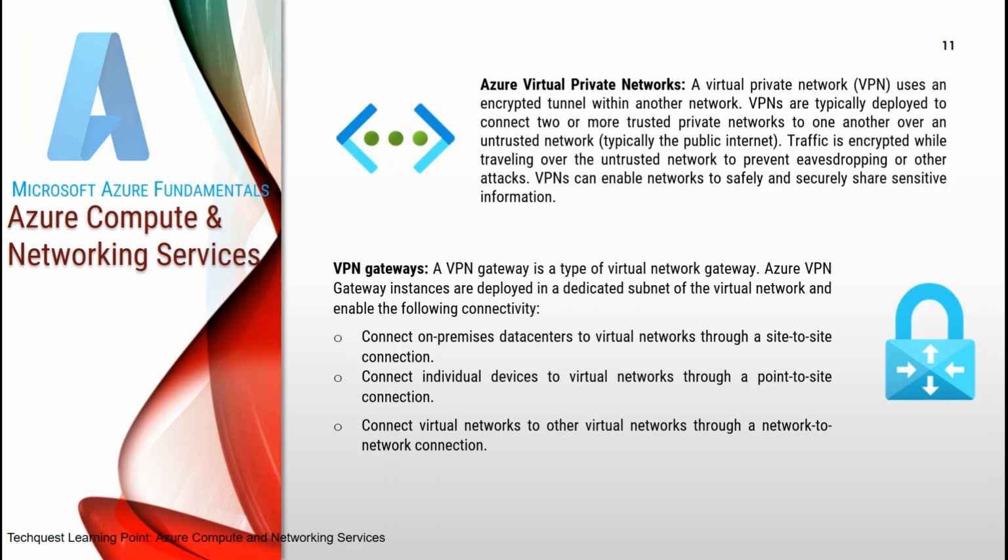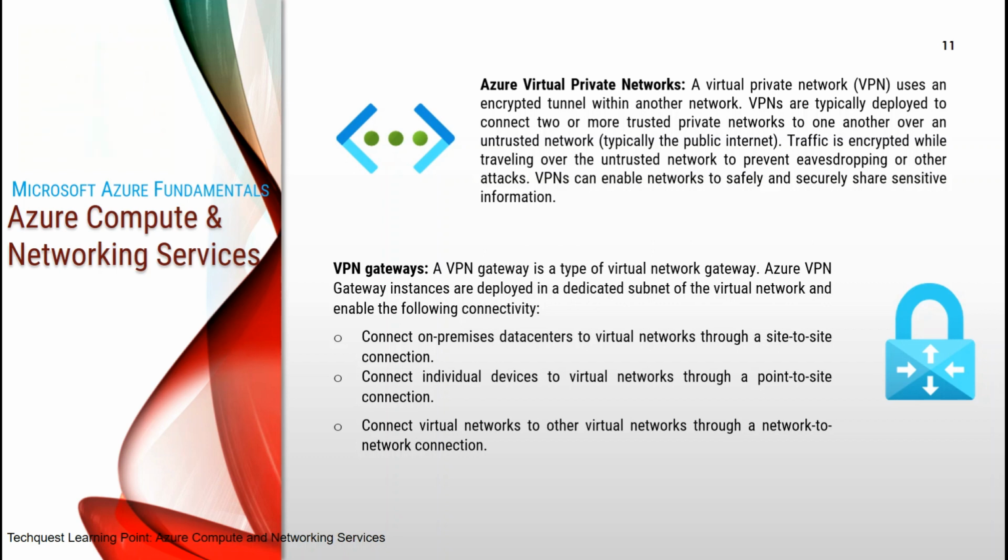Connect individual devices to virtual networks through a point-to-site connection. Connect virtual networks to other virtual networks through a network-to-network connection. All data transfer is encrypted inside a private tunnel as it crosses the internet.